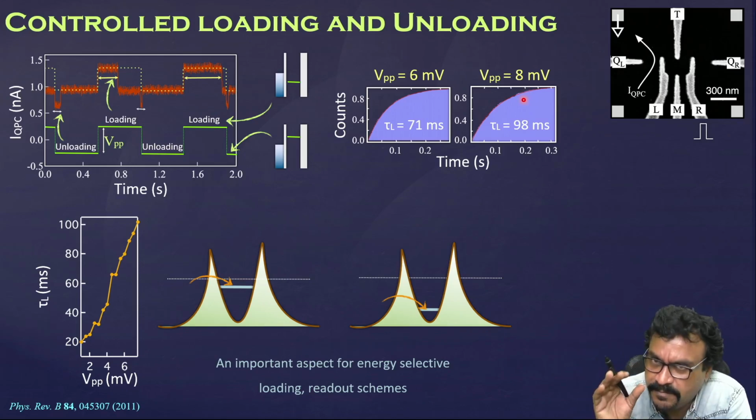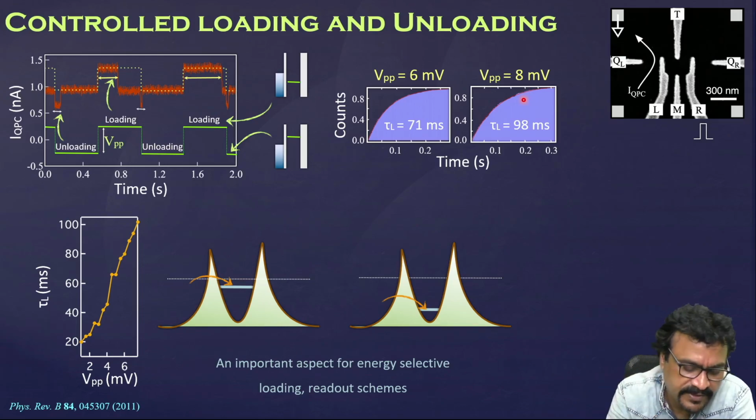So, remember this pulse is always referred to the Fermi level. So, lower amplitude means during loading, the level is close to the Fermi level compared to higher amplitude where the level is farther down. VPP is the peak to peak. So, half VPP here for the unloading, half VPP in this case is loading, other half is unloading.